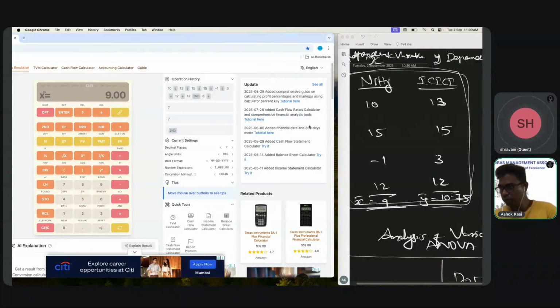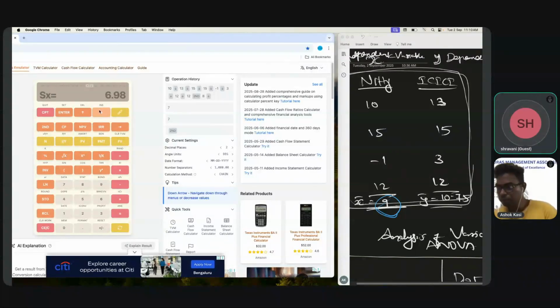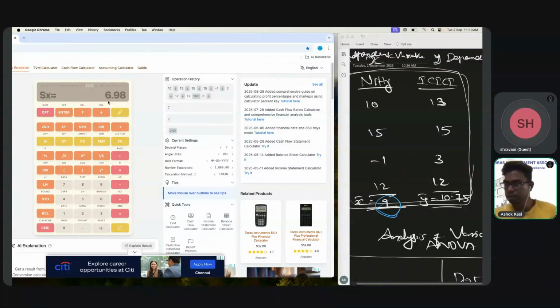You can keep cross-checking all these numbers. So it is 9. Then again downward arrow. This is sample standard deviation 6.98.